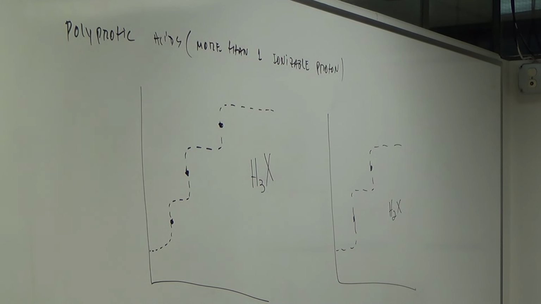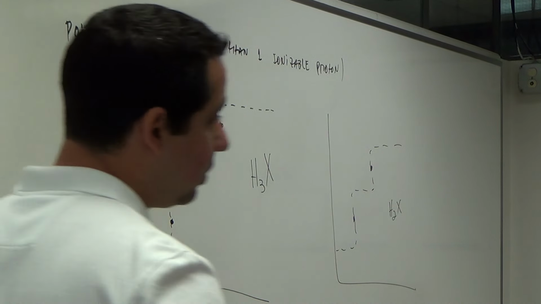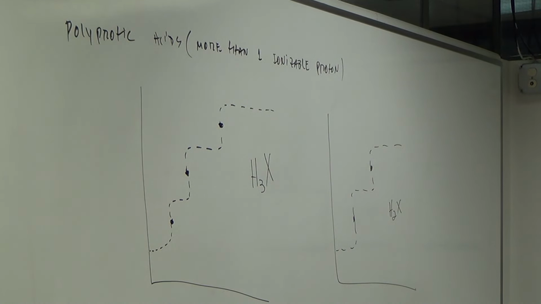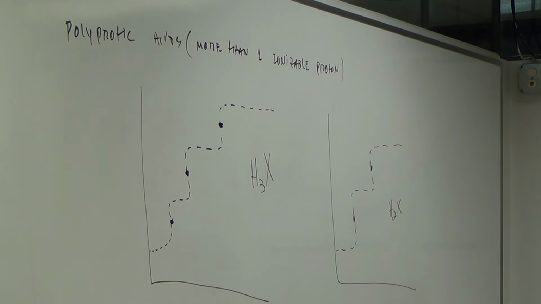You could barely even tell there's water in this one. I don't know if the data's bad. No, you don't have enough data, that's the problem. This is supposed to go flat here. In your lab it went like this. No, it's 45 data points. It's supposed to go like that.